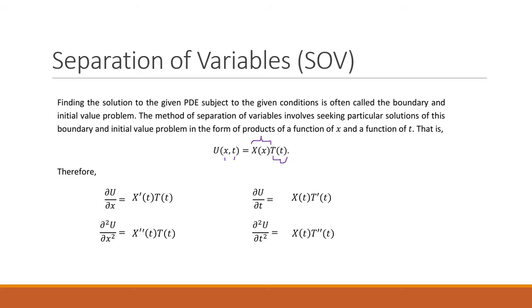Okay, so macam kita cakap tadi, mula-mula kita dependent variable kita dekat sini adalah u, dan independent variable adalah x dan t. Jadi kita tulis u ni in the form of product of a function of x and of t. Jadi kita tulis, bila nak guna separation of variable, this is the first step.